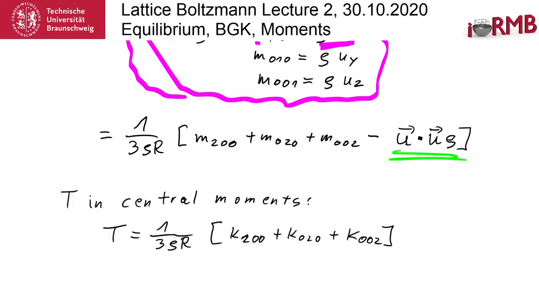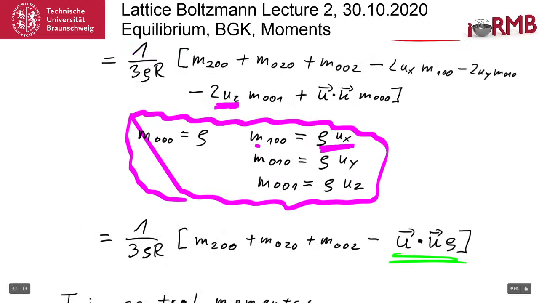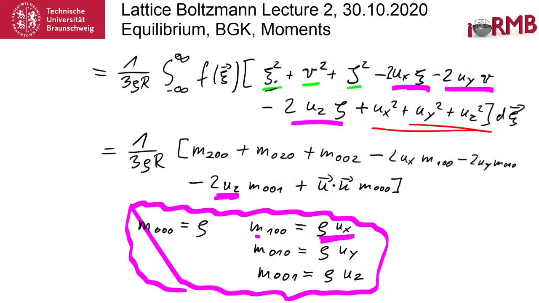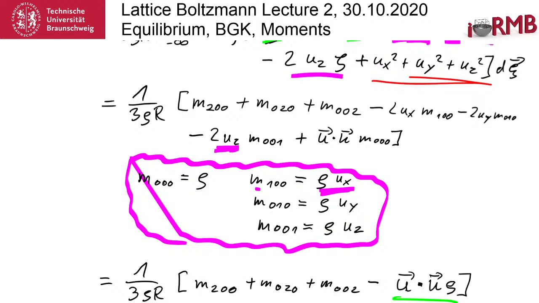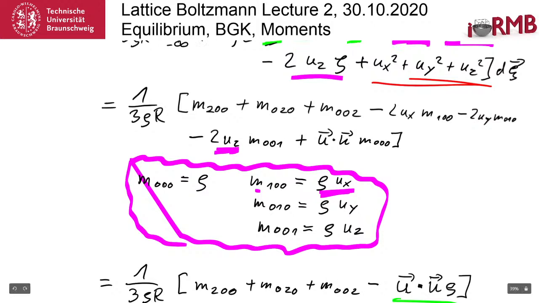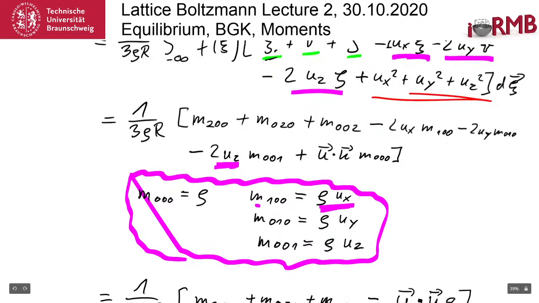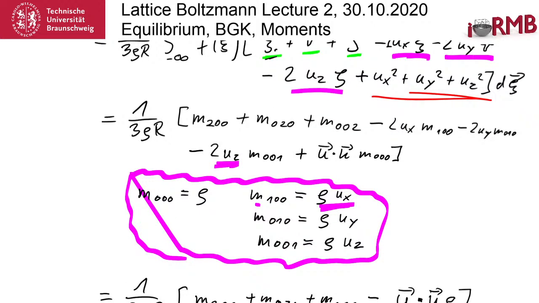Professor, could you explain the previous step once again after putting in the values in the pink box? After introducing these things, okay, you see, right. Let's take pink box.